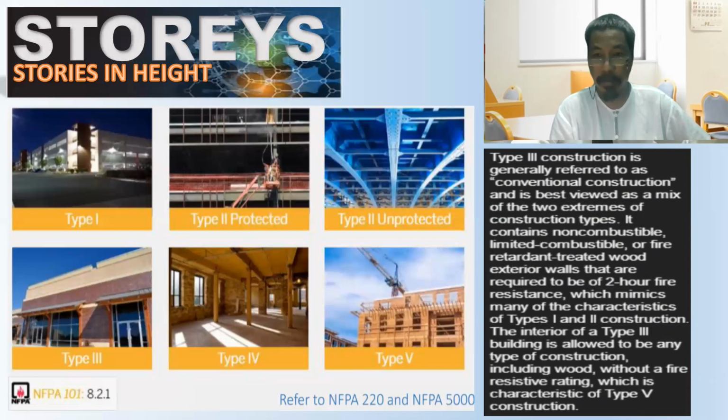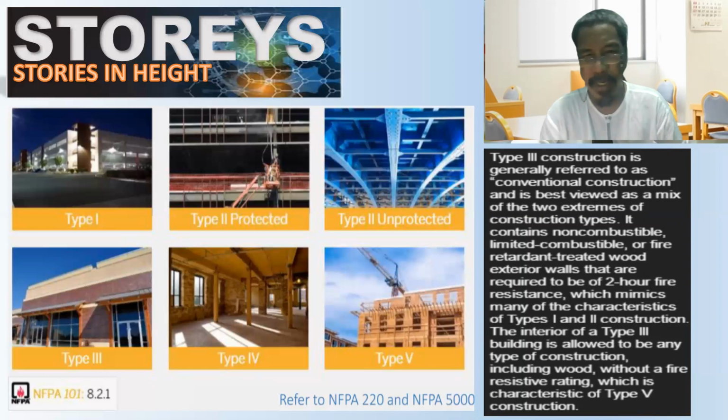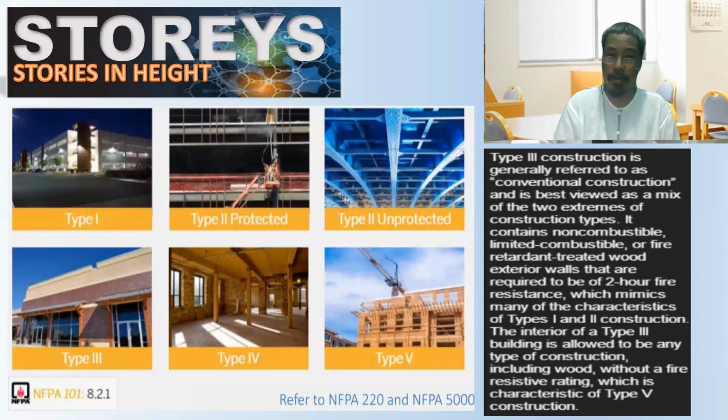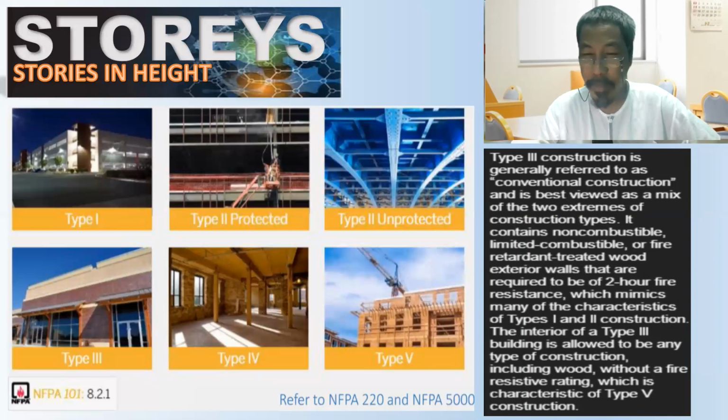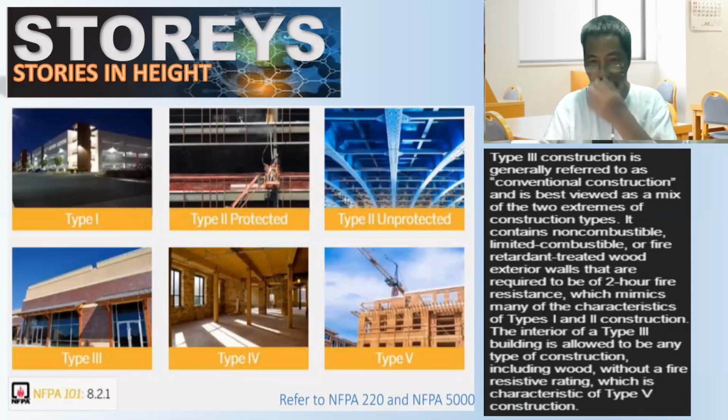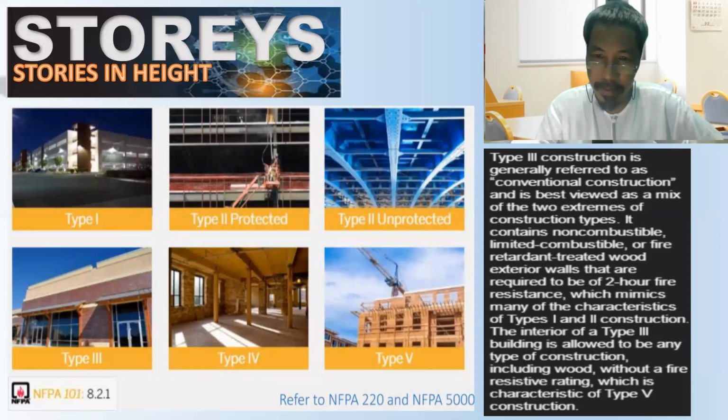It contains non-combustible, limited combustible, or fire-retardant-treated wood exterior walls that are required to be of 2-hour fire resistance, which mimics many of the characteristics of Type 1 and Type 2. So it could also be wood construction. But the thing is, the wood must have a fire rating, and the fire rating is about 2 hours.